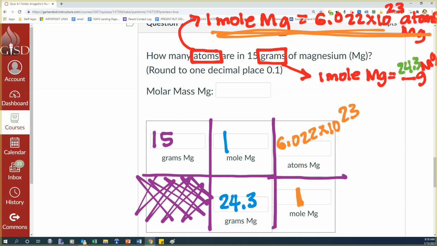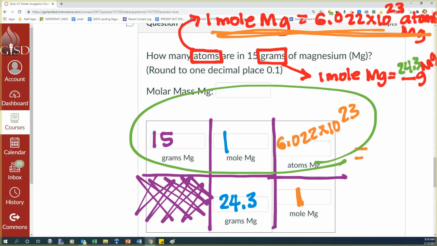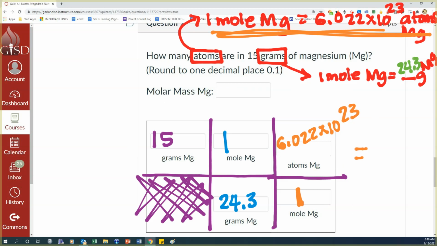That seems long. Now we need to multiply. Multiply first everything at the top. So 15 times 1 times 6.022 E 23, and I get 9.033 times 10 to the 24th.